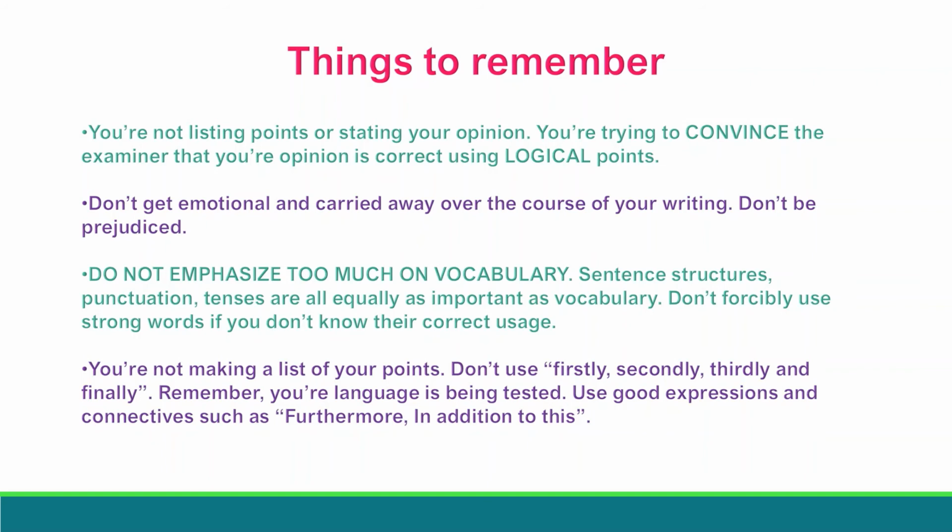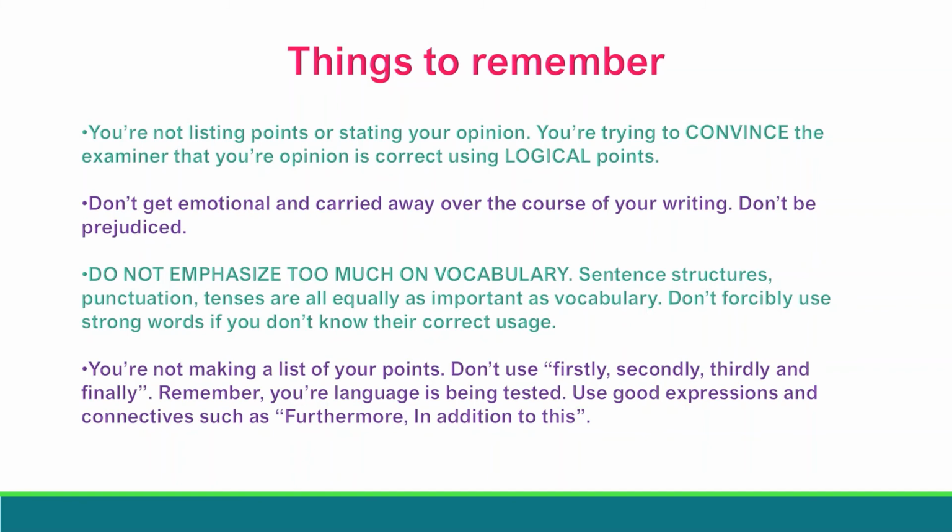And then the final thing is you're not making a list of your points. Don't use firstly, secondly, thirdly, and finally. Remember, your language is being tested. Use good expressions and connectives such as furthermore, in addition to this. So basically, yes, you are giving points in terms of your arguments, but don't put them across as points.